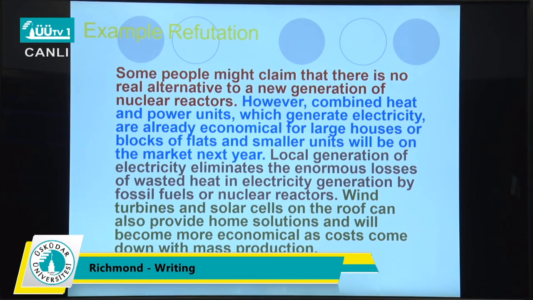We introduce the opposite argument in the first sentence, and in the rest of the paragraph we explain why this is a wrong argument, why our argument is stronger. Here we have 3 reasons stated with 3 different colors.